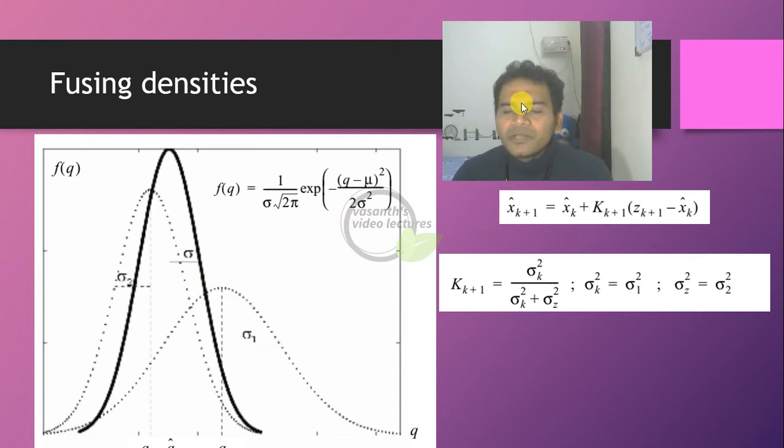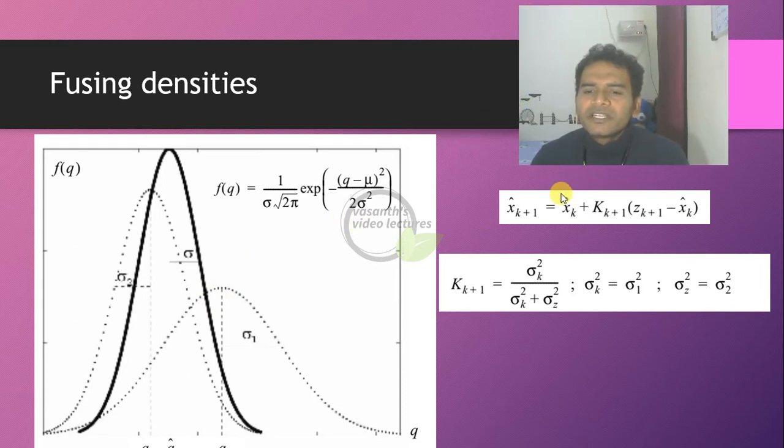So the final equation that defines your Kalman filter is x cap of k plus 1. K plus 1 is the state, that means your initial state and the next state, which is equal to x cap of k plus K of k plus 1 into z of k plus 1 minus x cap.